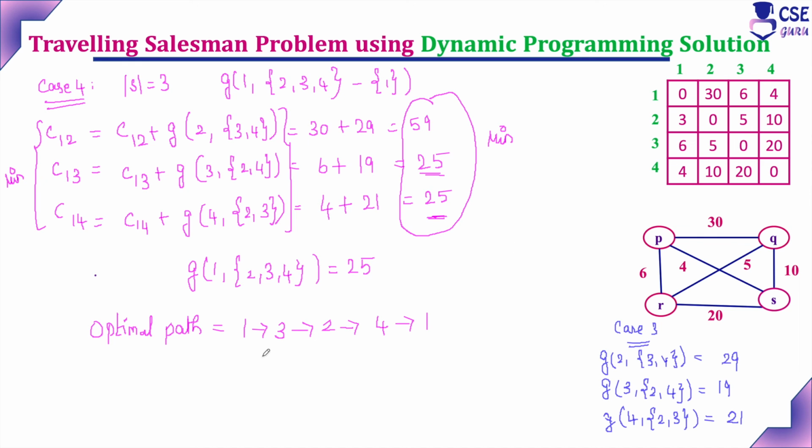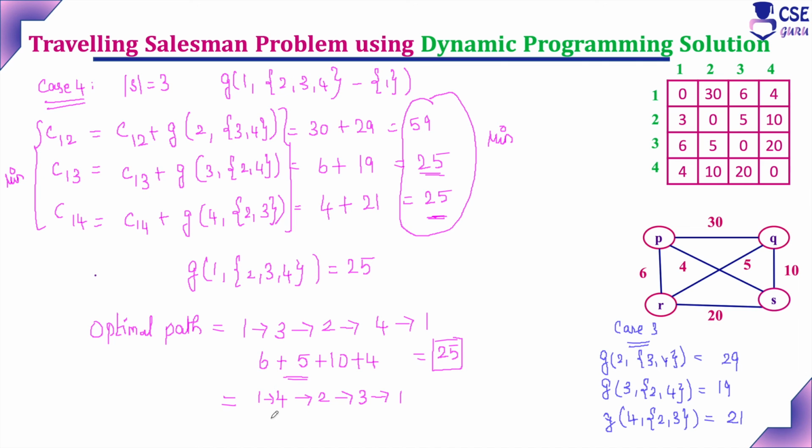1 to 3, if we are considering, cost is 6, 3 to 2 cost is 5, 2 to 4 cost is 10, plus 4 to 1 cost is 4. So totally we will get 25. So the optimal cost is 25 and the optimal path is this one. Otherwise, one more path is also there: 1 to 4, 4 to 2, 2 to 3 and 3 to 1.